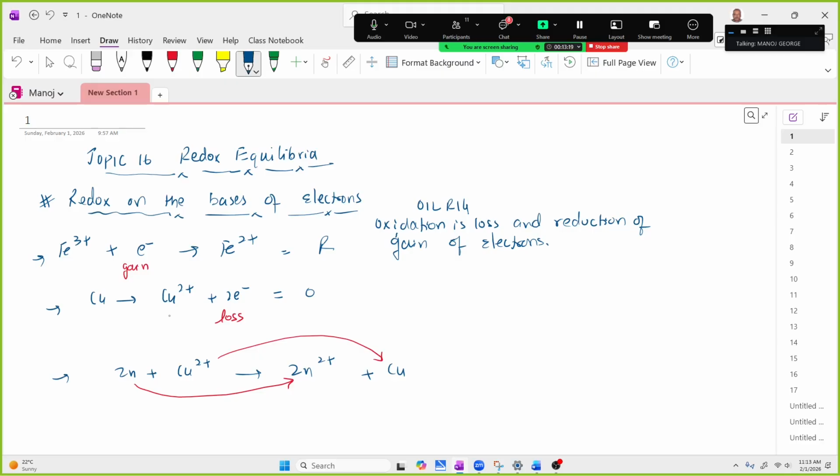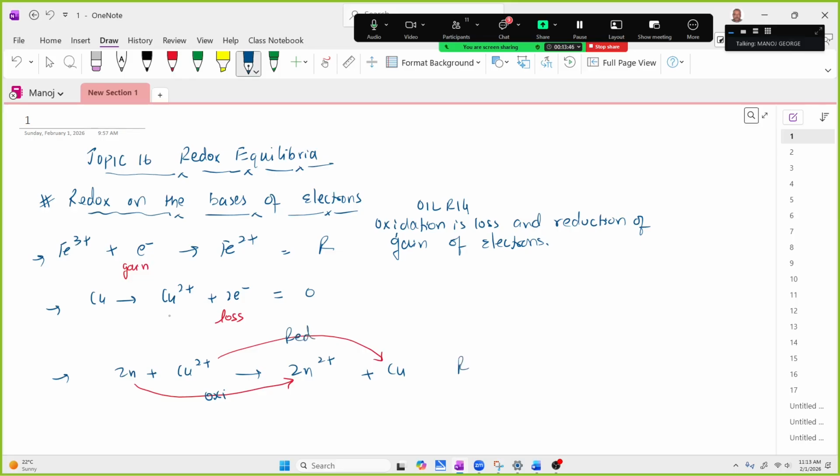O for oxidation, R for reduction. Put that in the Zoom chat. Zinc becoming Zn2+, that would be oxidation, correct? Copper 2+ becoming copper, that's going to be reduction. So that's oxidation and that's reduction.